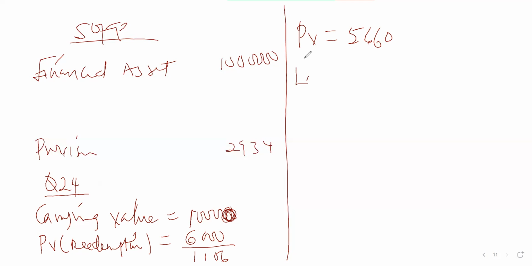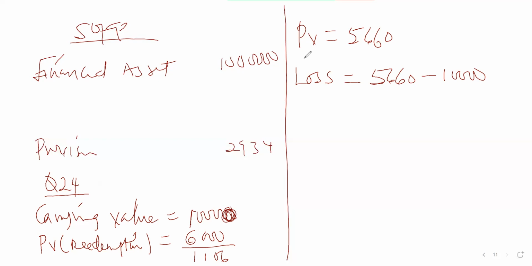What is the difference? What will be the lifetime expected losses on this? What will be the loss on this? That will be 5660 minus 10,000. You can see that this one didn't give you the probability of default. So any figure that you are going to get over there is the value that you are going to receive. So the difference between the two will be the loss.